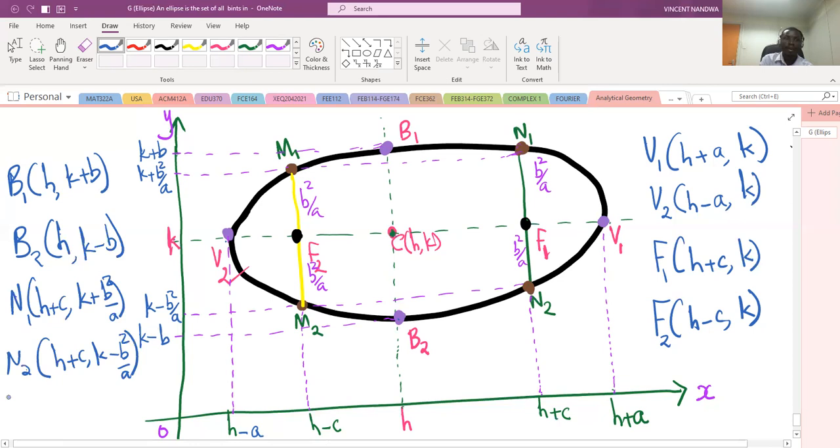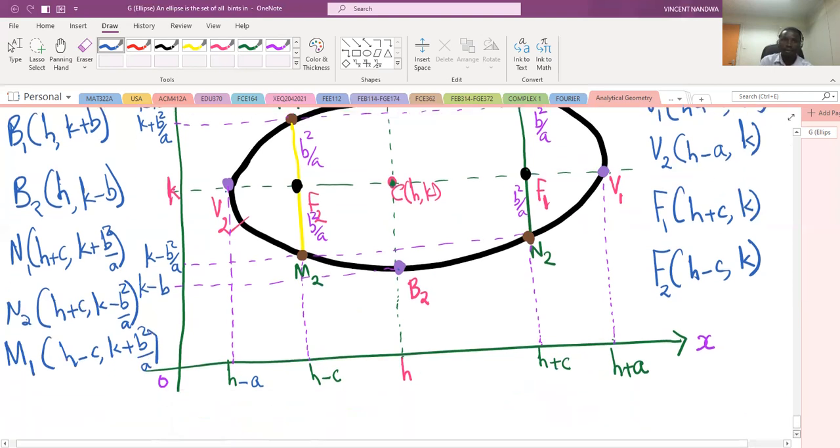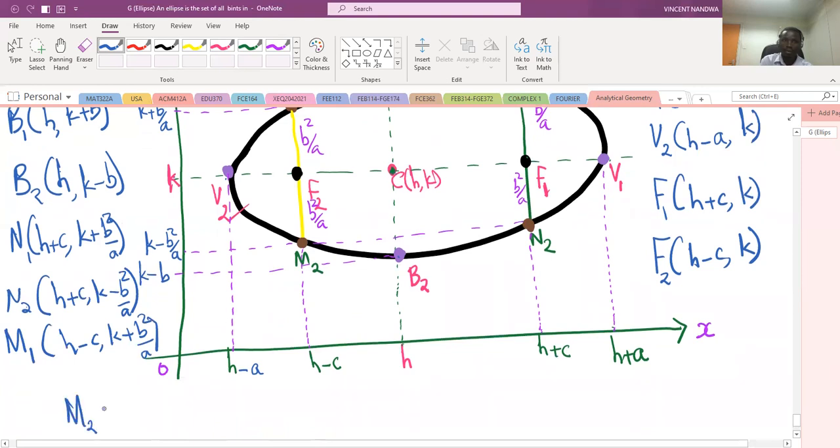And then M1 will have coordinates (h minus c, k plus b squared over a). And then M2 will have coordinates (h minus c, k minus b squared over a).